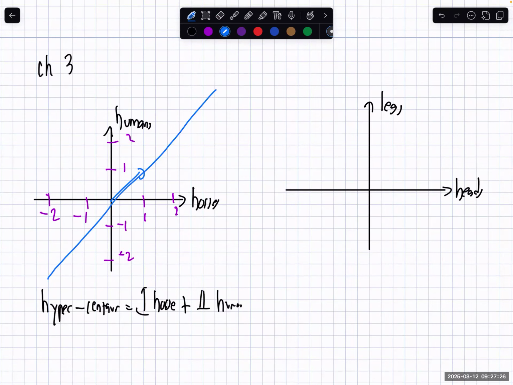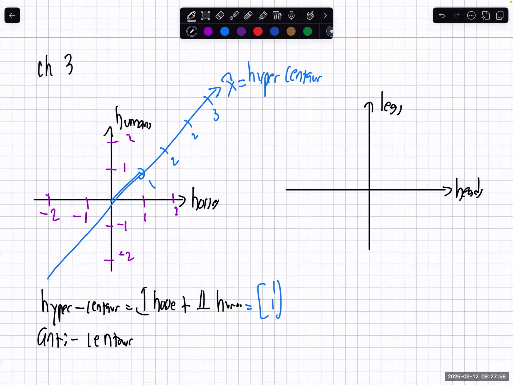And since we could have more of them, we have a new coordinate system where this new x-axis is the number of hypercentaurs. And remember, an anti-centaur, as a vector, that's the 1, 1 axis, one horse plus one human. And the anti-centaur, which was 1 horse plus -1 human.